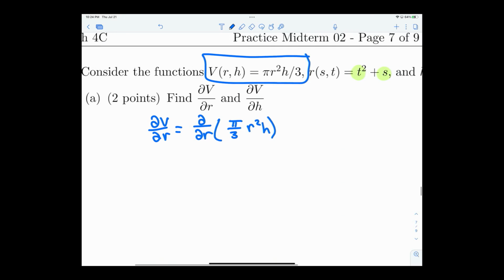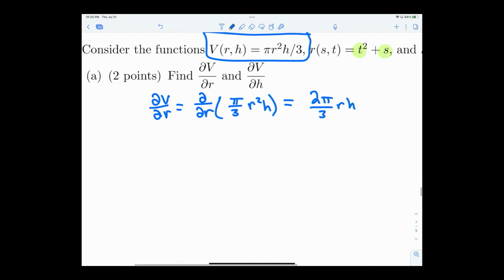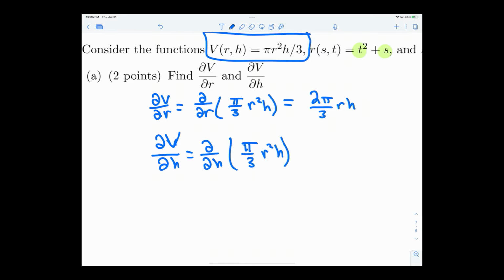So this is what we're taking the derivative of with respect to R. So the R squared will just go to 2R when we take the derivative, and we'll have 2 pi over 3 RH. That's it. Then we want the partial of V with respect to H, which is the partial with respect to H of pi over 3 R squared H. Partial with respect to H of H is 1, so we'll have pi over 3 R squared. So that's done. That's all we're doing there, is taking those derivatives.